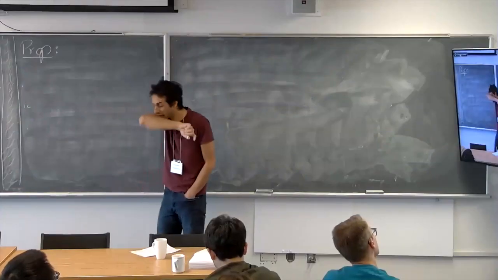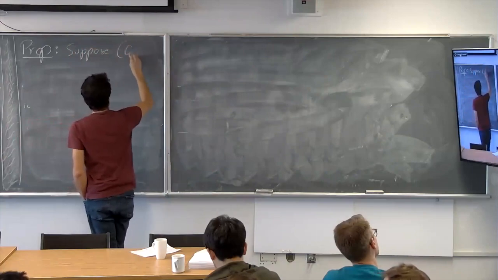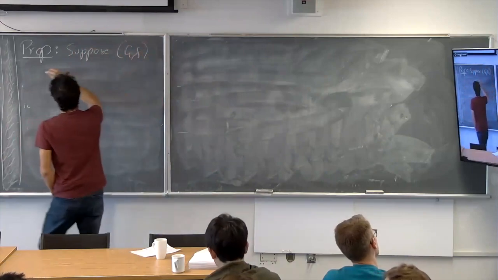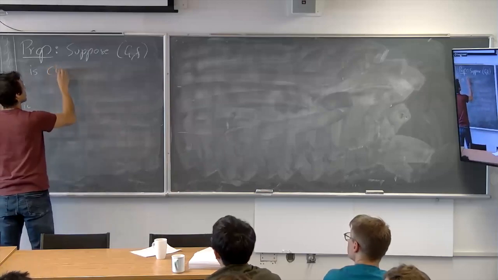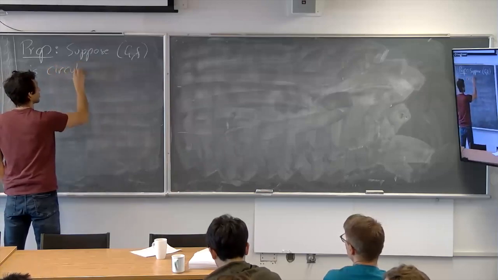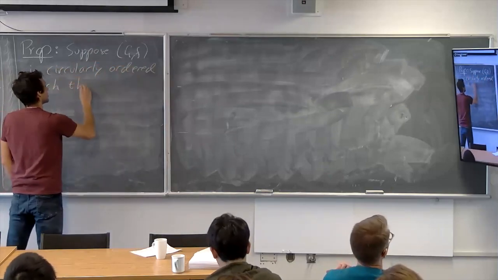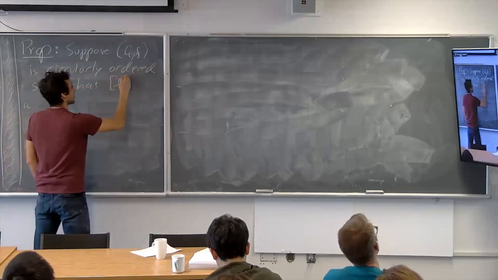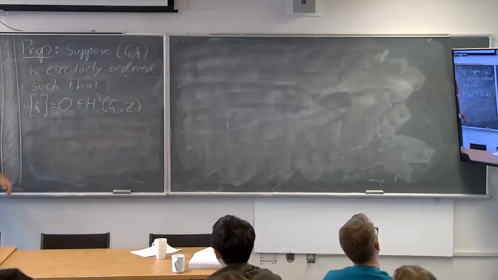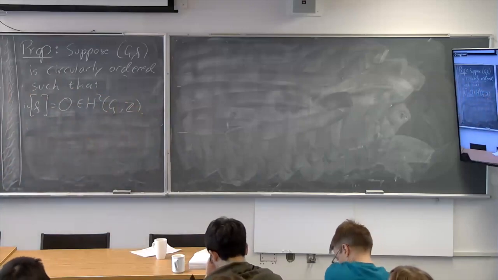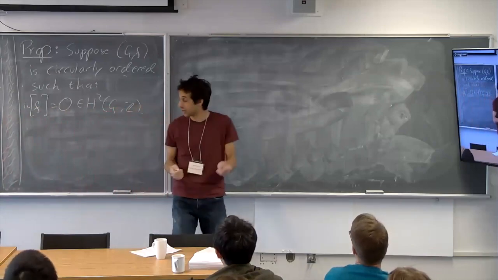Suppose that you have some group G, F, circularly ordered, such that F is 0 in H2. So suppose you have a circular ordering where the cohomology class of the circular order is 0.